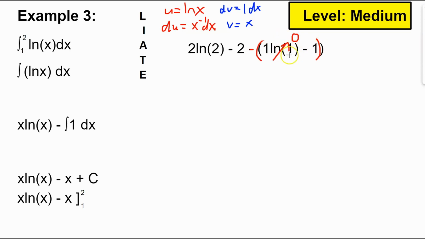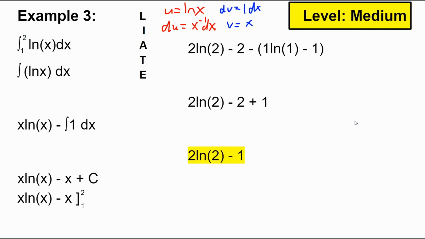So this really just becomes 0 minus 1, which just becomes negative 1 in that whole red parentheses. So we can rewrite it as 2 ln of 2 minus 2 plus 1, because we're negating that minus 1 at the end to get plus 1. So again, we can simplify and have 2 ln of 2 minus 1 as our final answer for this example.